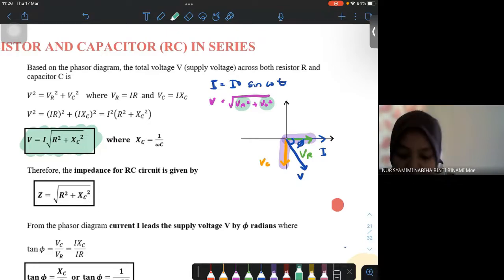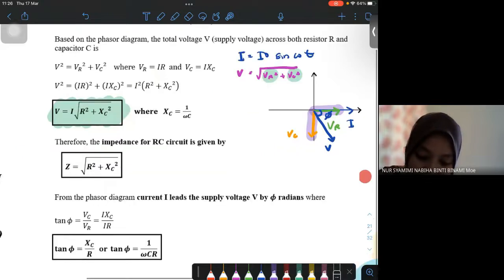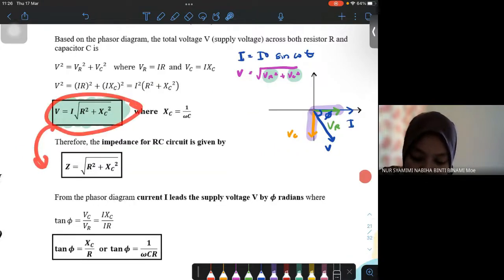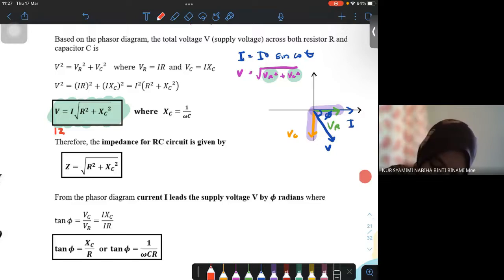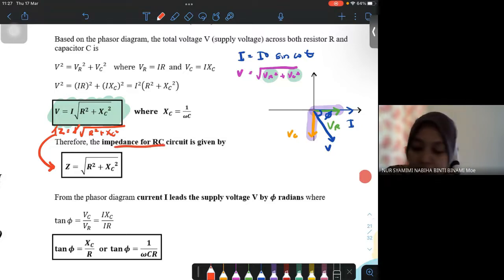Daripada equation yang ini, kita boleh kembangkan V yang ini menjadi impedance. So impedance akan jadi square root of R square plus XC square. Kenapa? Ini akan jadi IZ. So kita just cancel the I, we will get this equation untuk impedance of RC circuit.